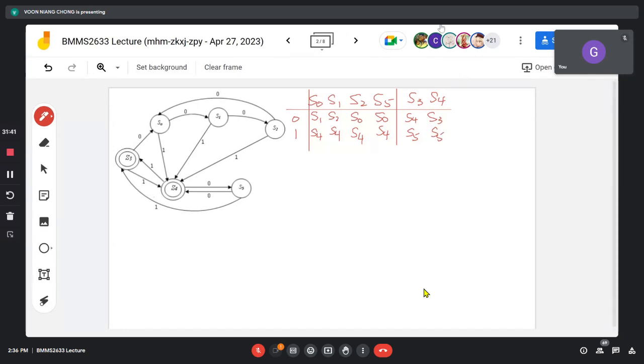Alright, so now we will see the input 0 and 1, right? After input 0, the group is 0, 1, 2. So 0, 1, 2 is actually in the same class, which is the non-acceptance set. And for input 1, all are 4, right? So they are still in the same class. This one 4, 3 also same class. This one 5, 5. Did I write something wrong?